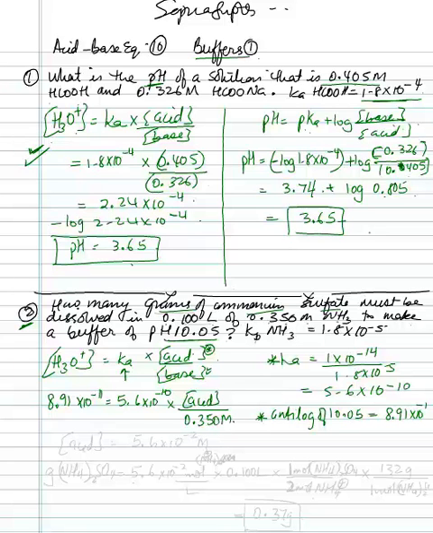So after doing the whole calculation, your acid concentration should be 5.6 times 10 to the negative 2 molar. Okay, but this is the concentration of the solution.